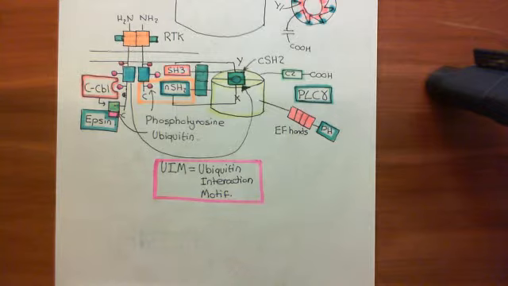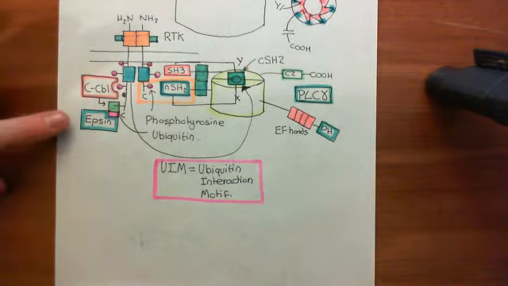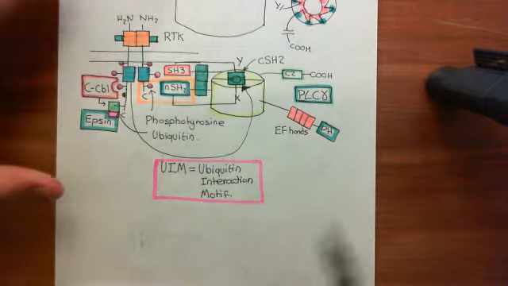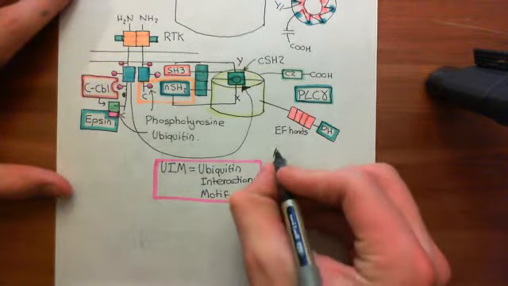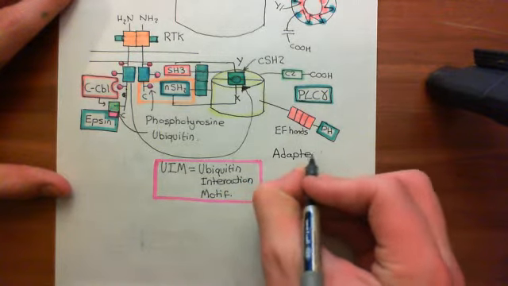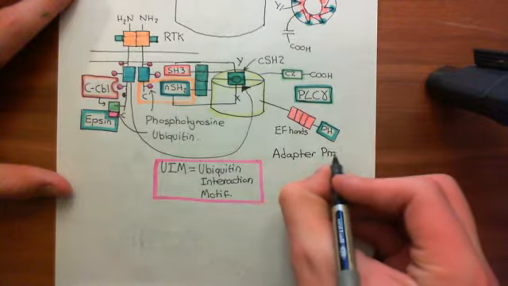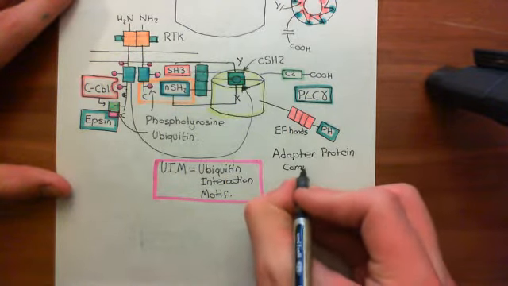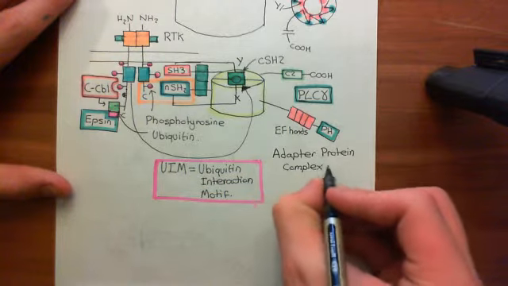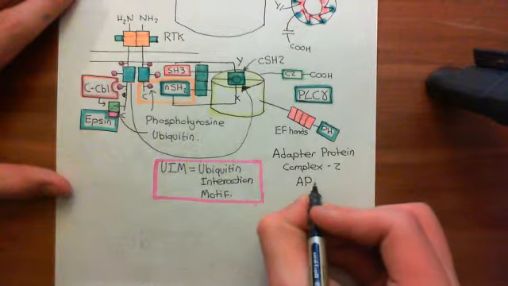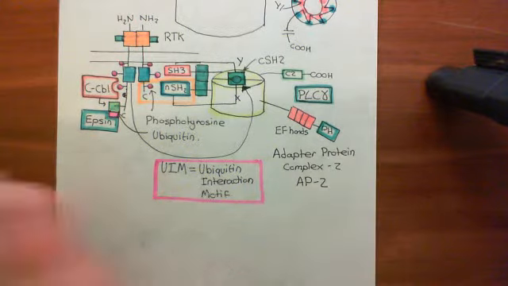Now, the epsin protein is going to bind to something known as the adapter protein complex 2. So we'll go aside and just discuss the structure of the adapter protein complex 2. This is not a single protein, it's a complex of proteins, and it's usually abbreviated to AP2 for short. So A for adapter, P for protein complex, and then 2.